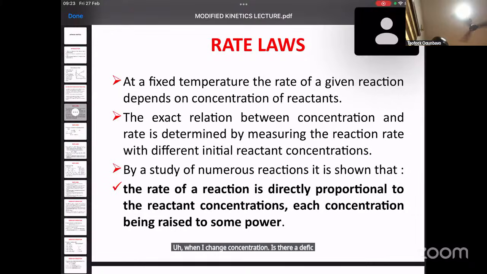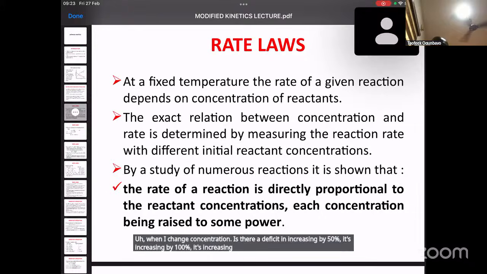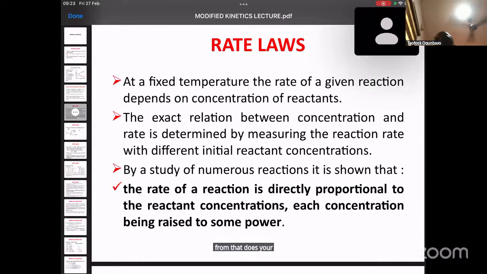It's increasing by 200%. That is very, very important information. That is, when you change your concentration, by how much does your rate change?